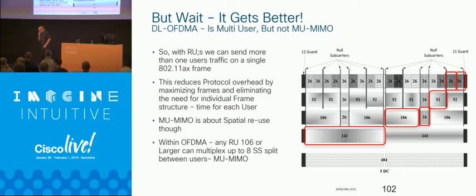In the downlink and the uplink mode, we are multi-user today. Any RU that is a 106 or bigger can also be spatially multiplexed.